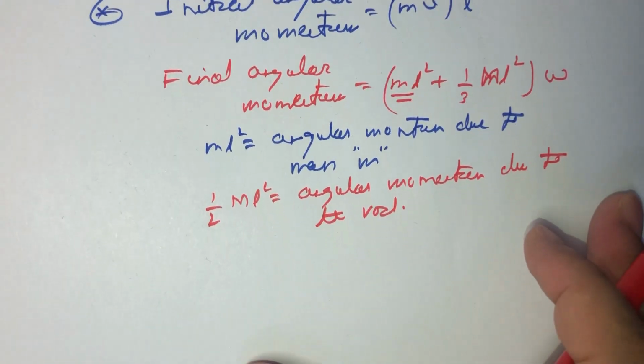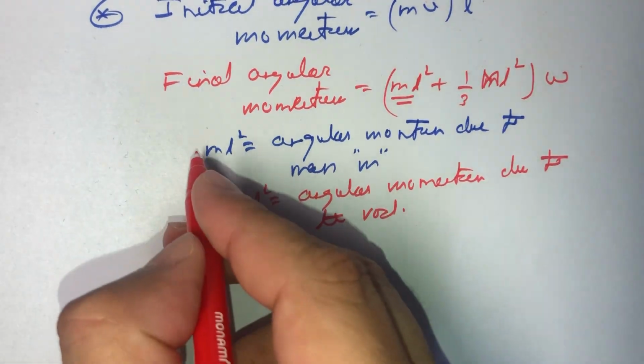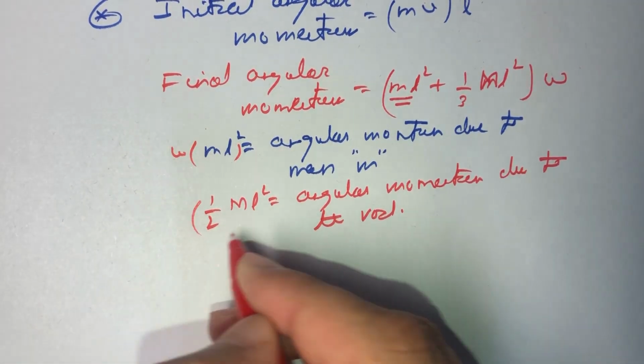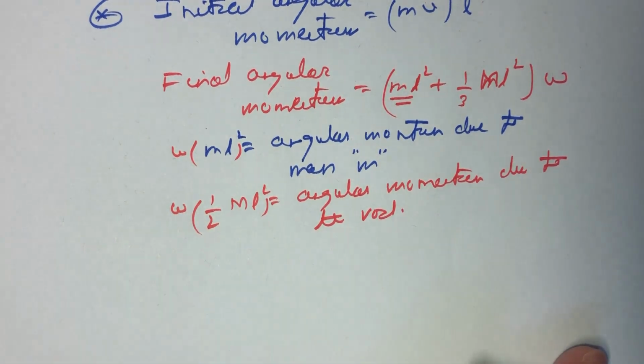And obviously both will be multiplied by the angular velocity omega.